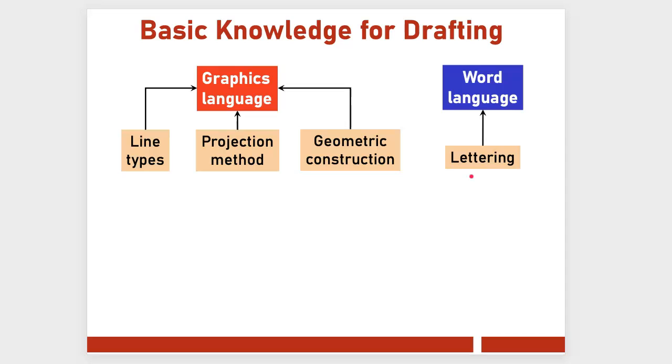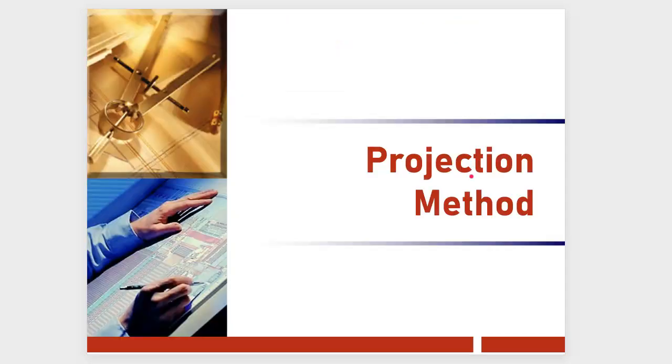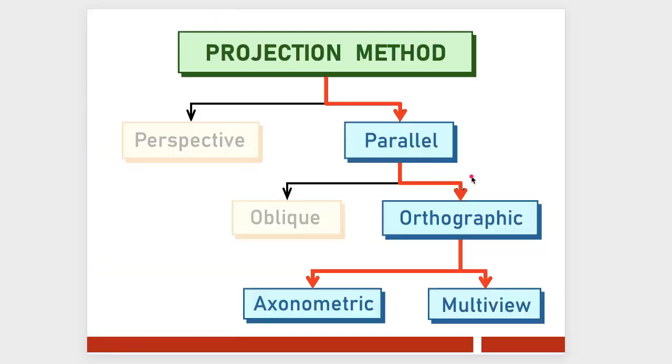Okay, so basic knowledge that you need for drafting is graphics language, which we will cover in this class for the entire semester, and also word language. Under graphics language, we will learn about line types, projection method, and geometric construction. So, what is projection method?